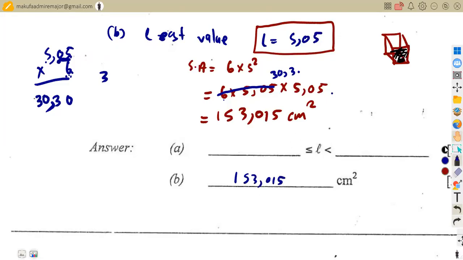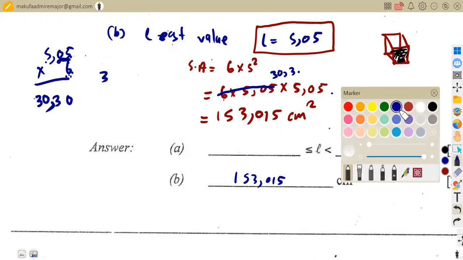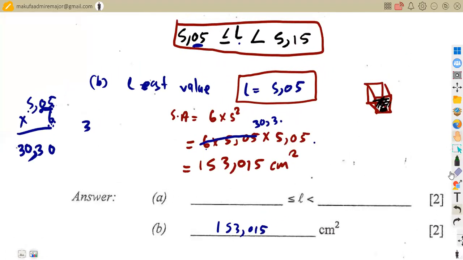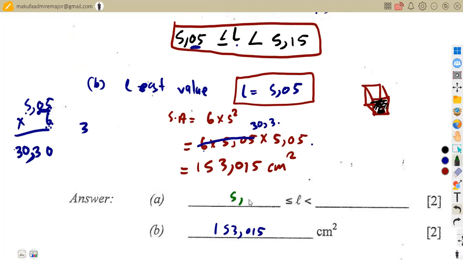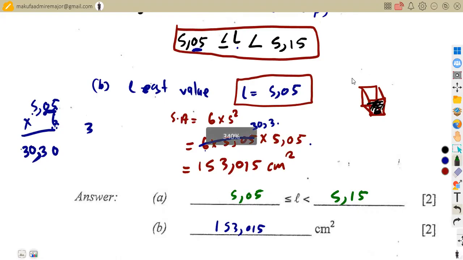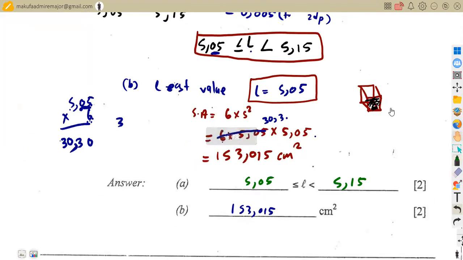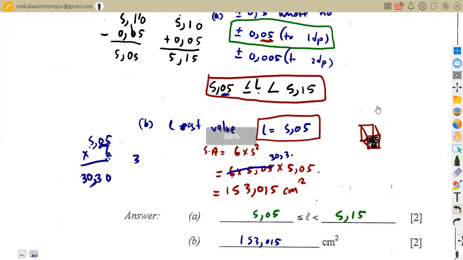On our limits here, we took 5.05, and they have already put the greater than there. So you use 5.15 on the other side. Be careful about this part, how you are supposed to attempt the least possible.